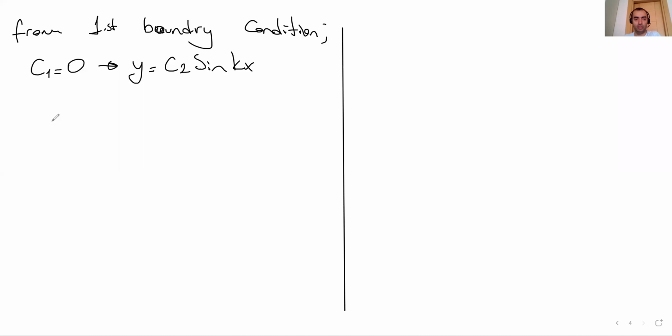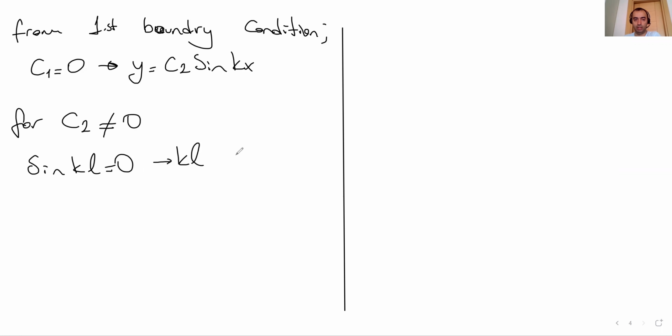For c2 not equal to 0, sin kL equals 0. From here, kL equals n pi.